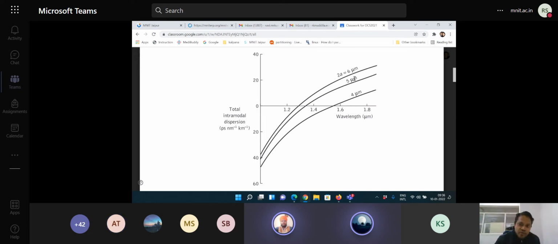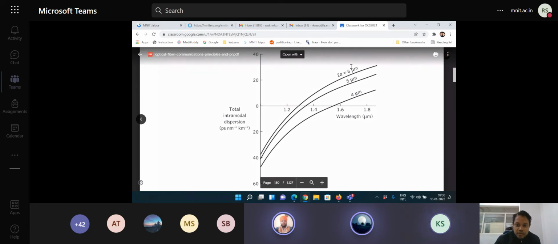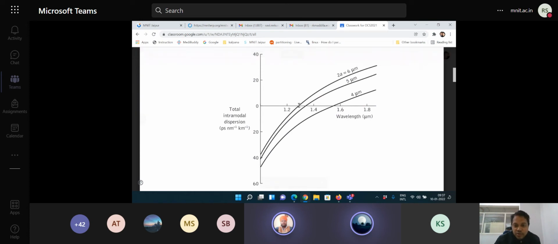When the core diameter is 5 micrometers, the zero dispersion wavelength has shifted to something around 1.35 or 1.33. And for a fiber with a core diameter of 6 micrometers, the zero dispersion wavelength is slightly less than 1.3 micrometers, maybe 1.28 micrometers or something.